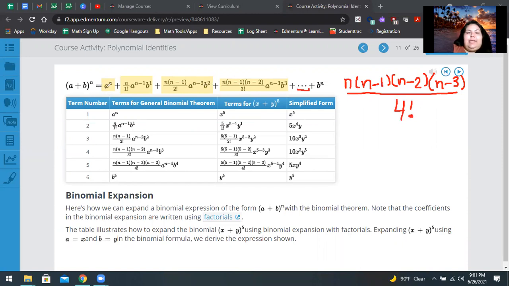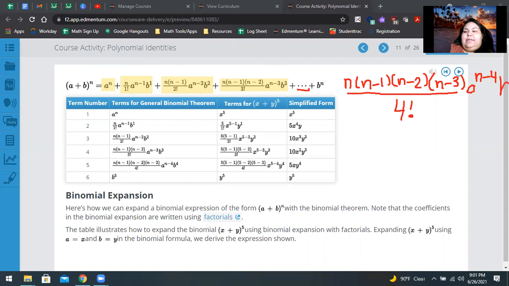Then let's focus on the a. It's a to the n minus 1, a to the n minus 2, a to the n minus 3. The next one would be a to the n minus 4. Let's focus on b. Here, there's no b. Like I said, in the first 2 terms it's not that clear to see, but let's take a look at the next one. b to the 1, b to the 2, b to the 3.